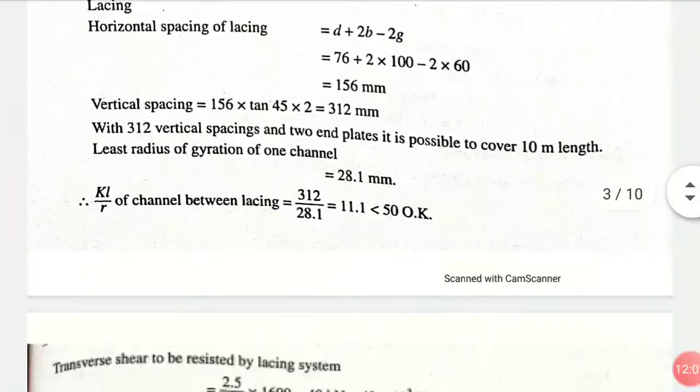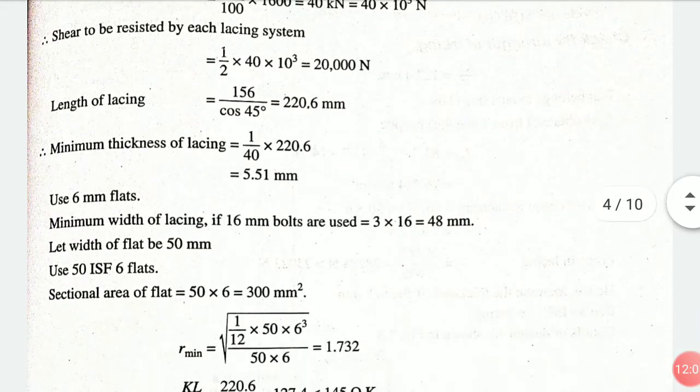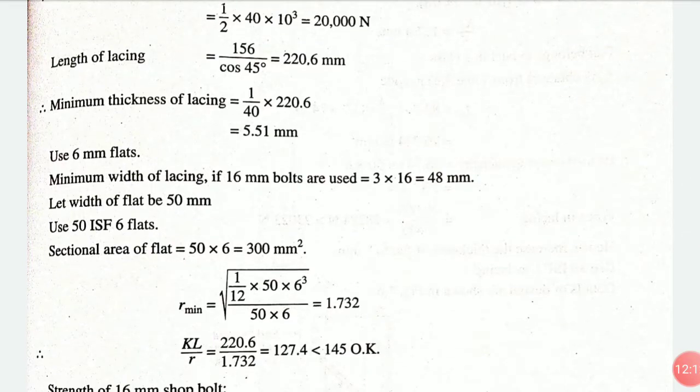So thickness of lacing, check here, 1/40th times the effective length of the lacing, 51 mm. So here, because I'm using a 6 mm flat plate, the required is 5.51. 6 mm flat plate I am using.